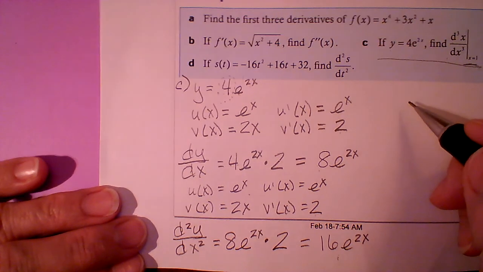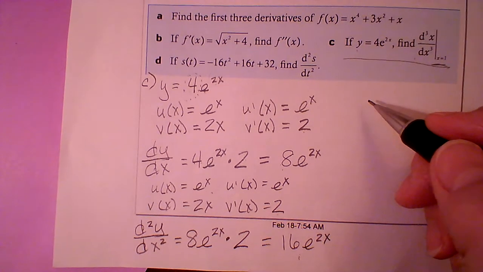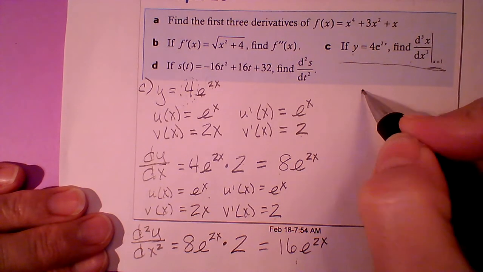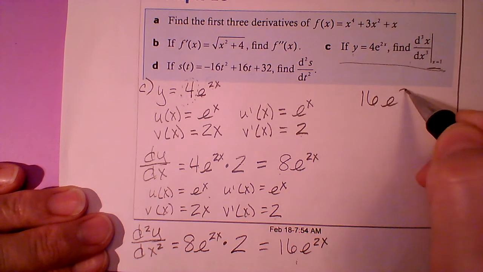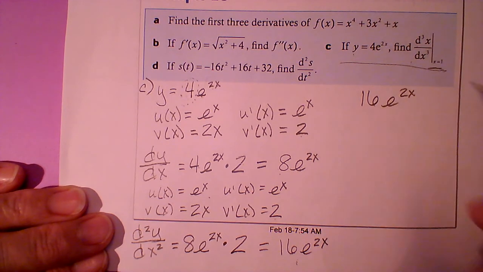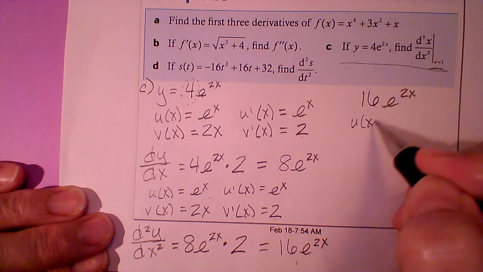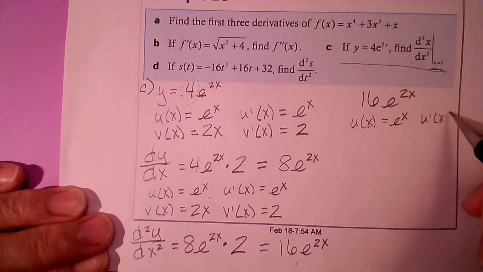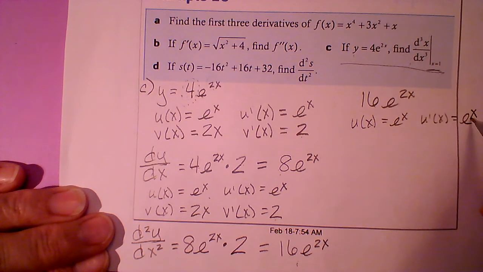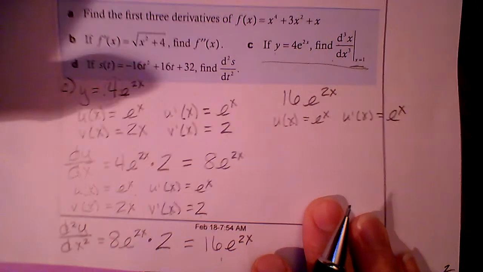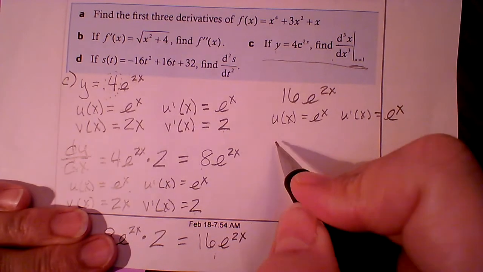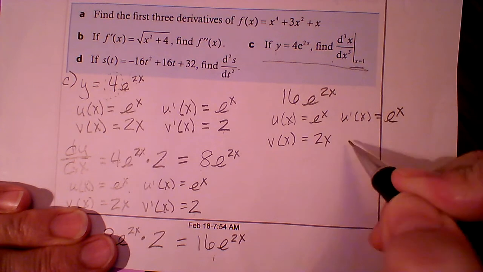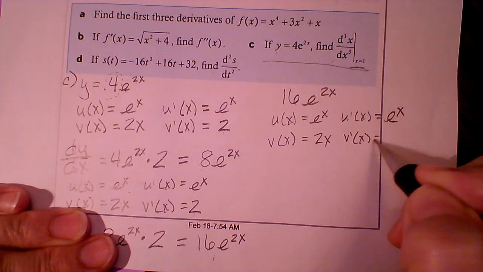I have to take the derivative now of 16 e to the 2x. Let me move up here. So this time, let me write this back up here. I'm at 16 e to the 2x. My outer function, again, is e to the x, so its derivative is e to the x. My v function, again, is 2x, so the derivative, again, is 2.